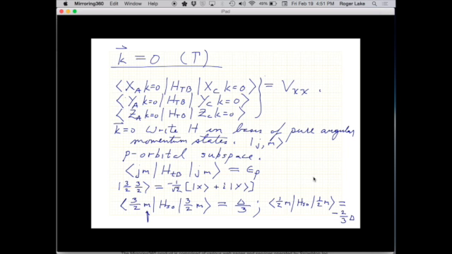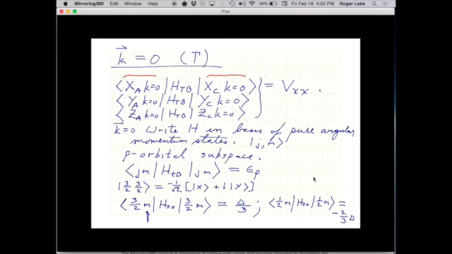And so if I put in some linear combination of x, y, and z states on this side, and the same combination of x, y, and z over here, I'm just going to get Vxx again, because it's a normalized state. X will only have a matrix element with x, y only with y, and z with z, and the matrix element is the same, Vxx, for all of them.